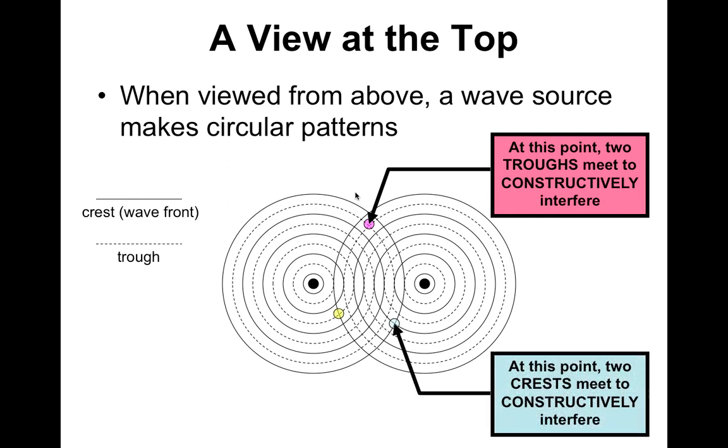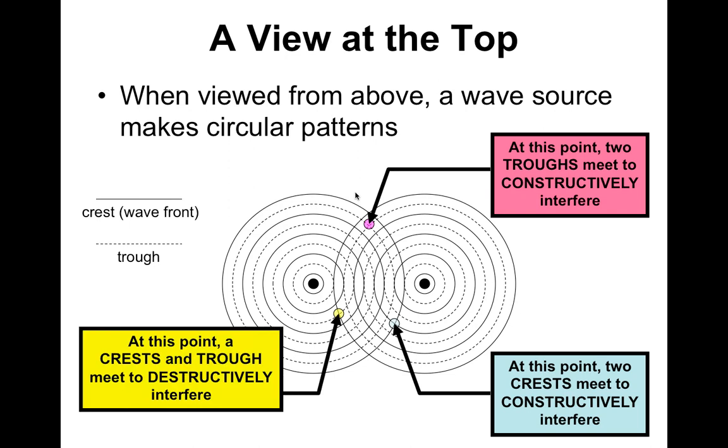Now, if you look at a position where you have a dashed and a solid line, a trough and a crest that interfere, you have two opposite pulses, and that's going to result in destructive interference. So two of the same pulses constructively interfere. Two opposite, meaning a crest and a trough, will destructively interfere.